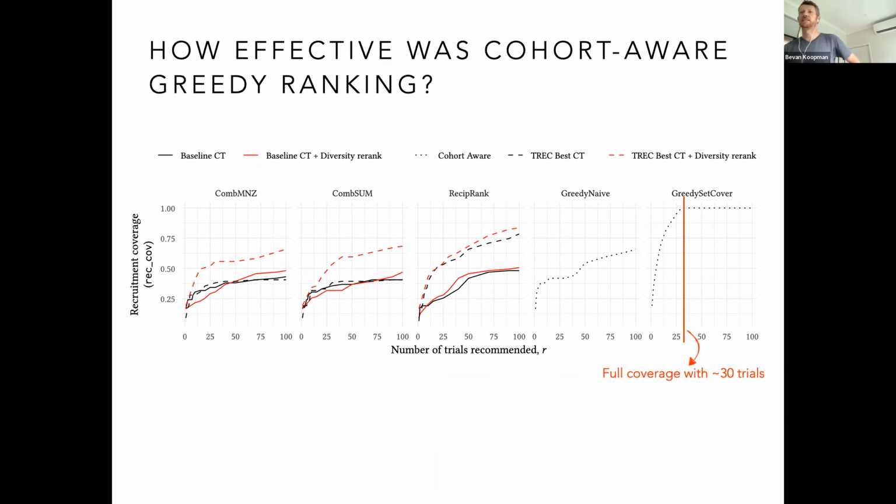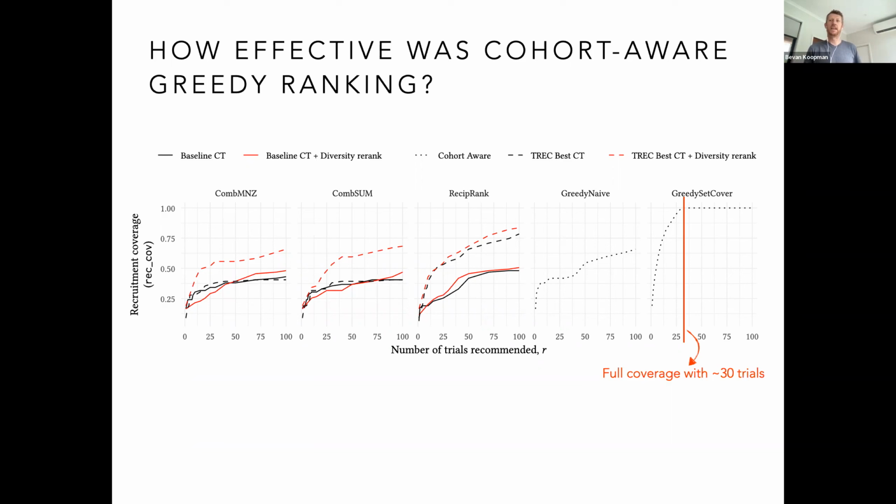Then if you look at greedy set cover, right? So in this case, and I think there were 80 or so queries in total, you're able to reach full coverage for 80 queries with just 30 documents, with 30 trials, right? And 30 trials is really easily within the realms of, say, a busy clinician being able to review trials.